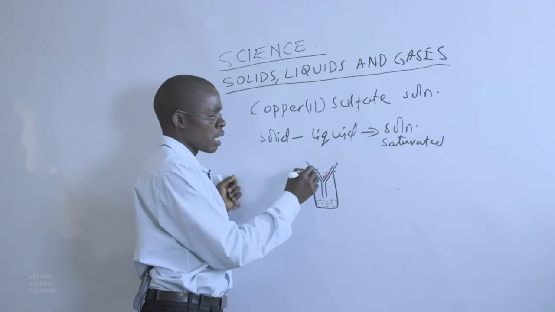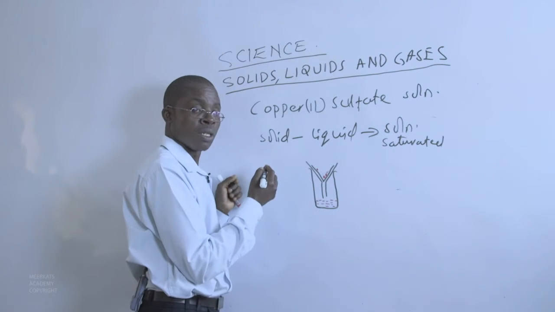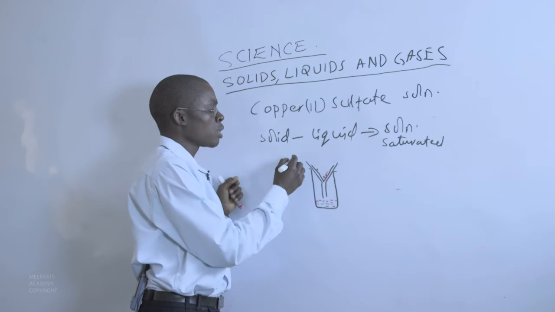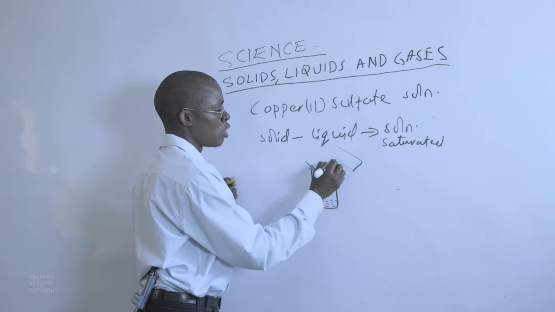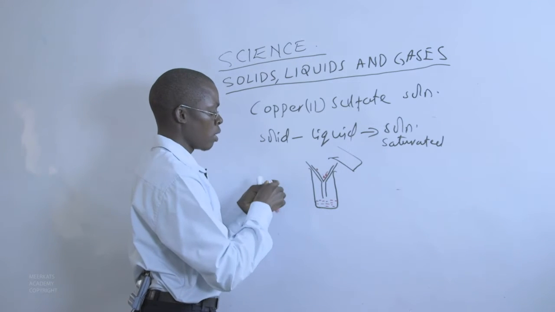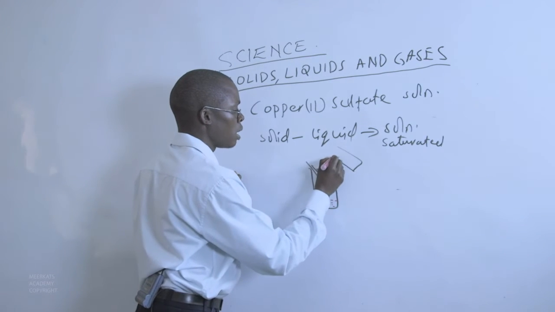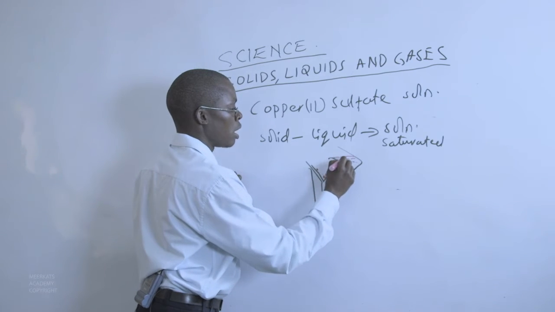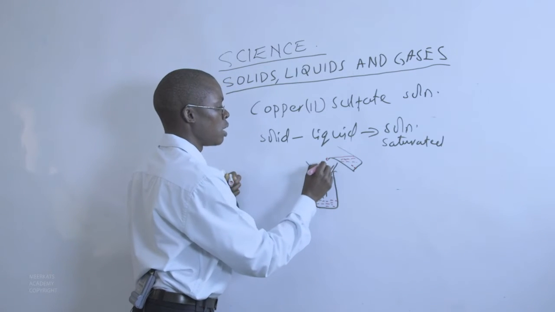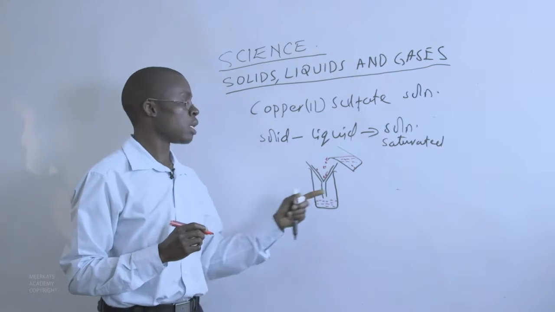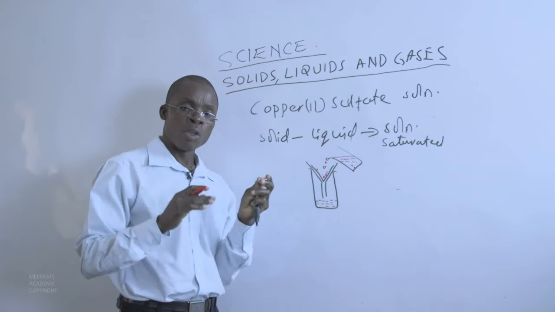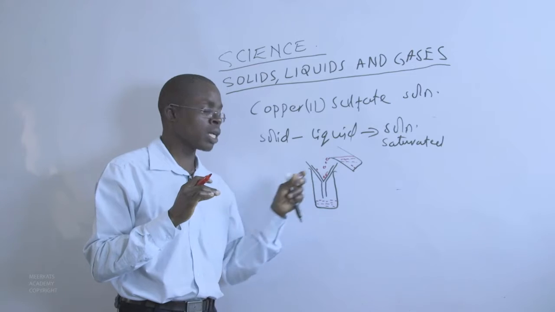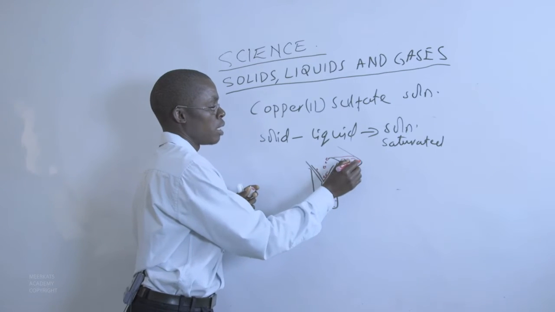So when filtering this saturated solution, you expose the solution you are filtering to the environment, which is a little bit more cold than it was. So by so doing, you lower the temperature at which this solution had been prepared.